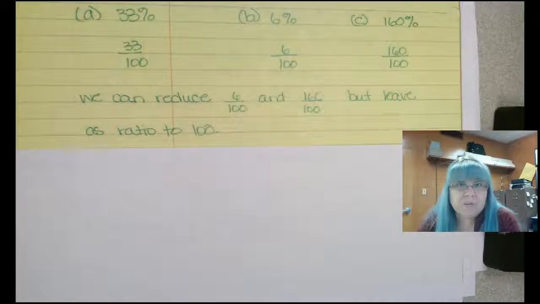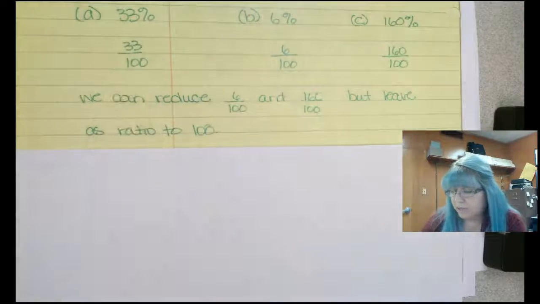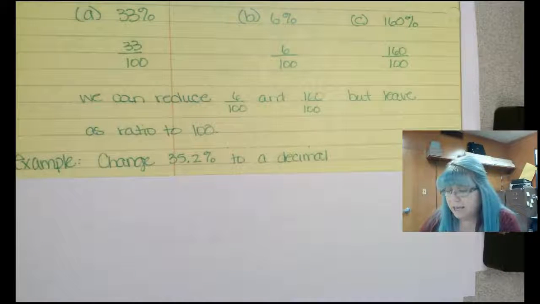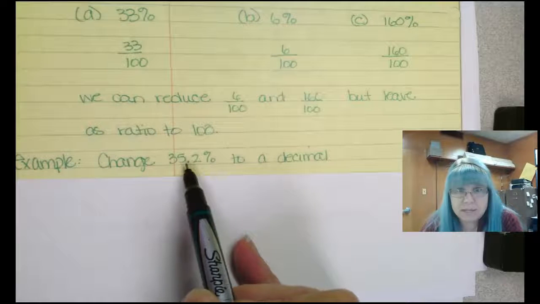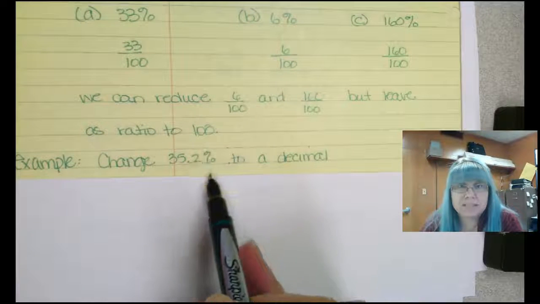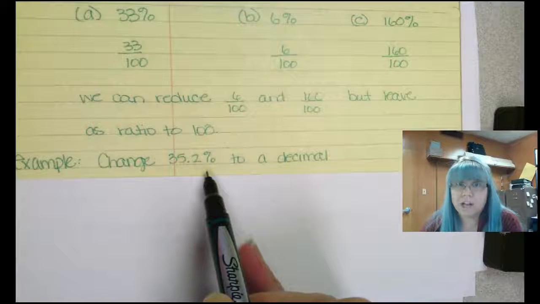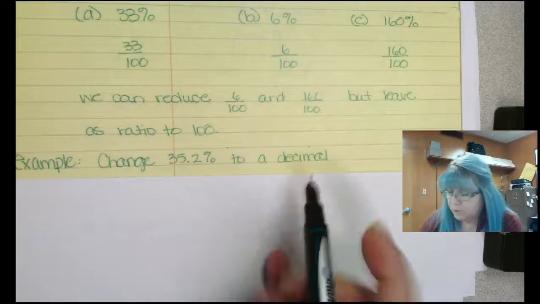There is another way of writing percents. One is fractional. The other is writing it as a decimal. Okay? Let's go ahead and change 35.2% to a decimal. Yes, I know there's already a decimal in here, but when we have this percent symbol, that percent symbol always means we're comparing it to 100. So it is not a clean decimal number. Right?